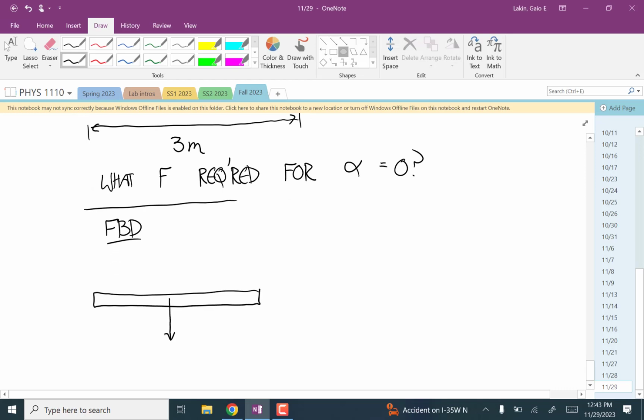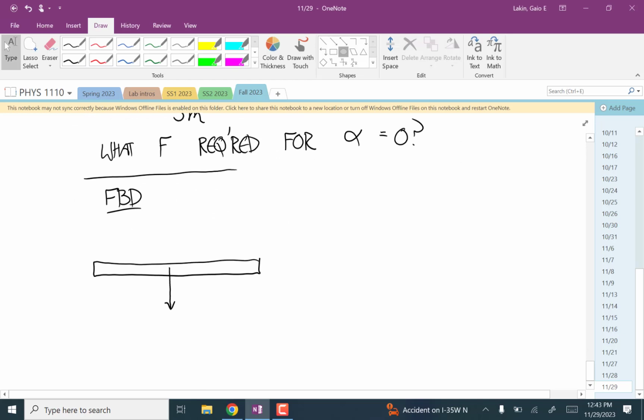The weight acts at the middle. That is 294.3. At the hinge, we have Rx and Ry. And then over here, we have a force F. The moment produced by those R forces is 0, like always.